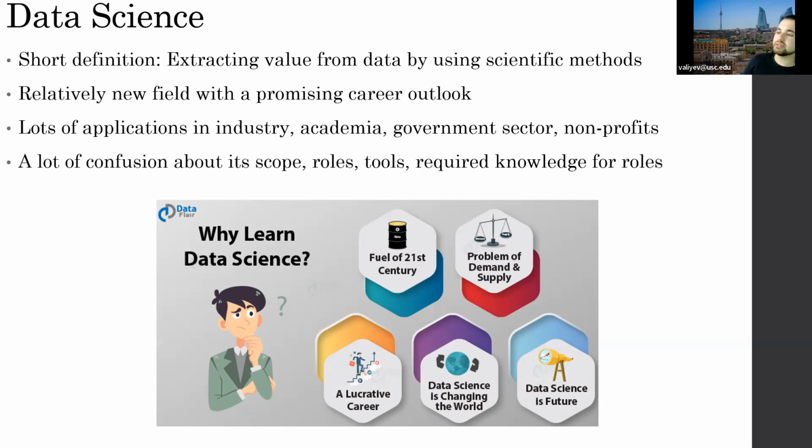And about the tools, people always ask, should I be learning R or Python? Is SQL needed, or maybe I need to learn C++? There are always talks on that. And there is also uncertainty about how much you need to know for the roles.